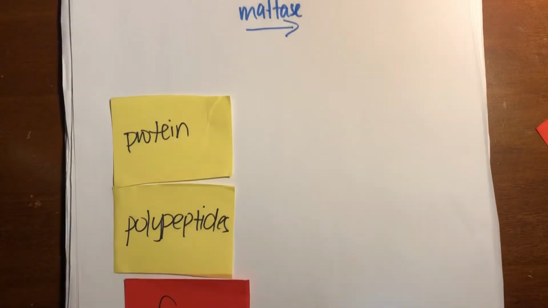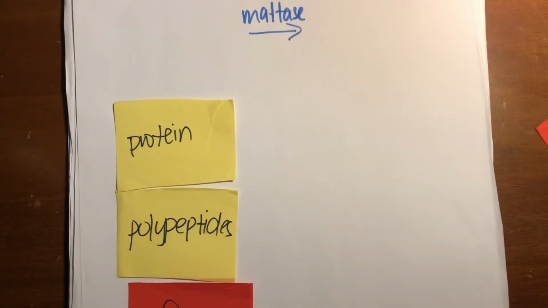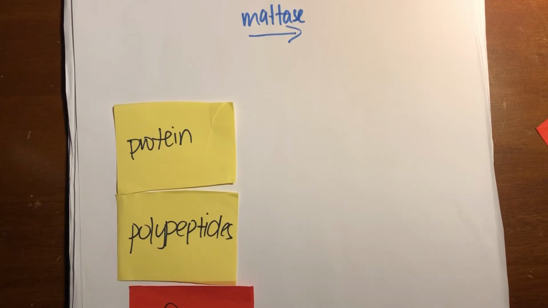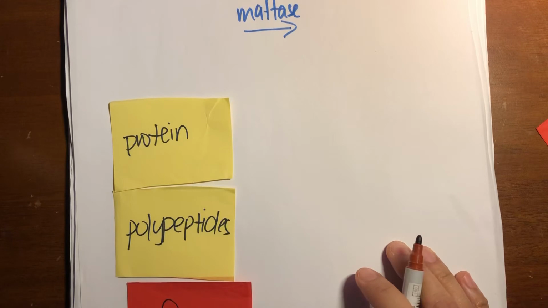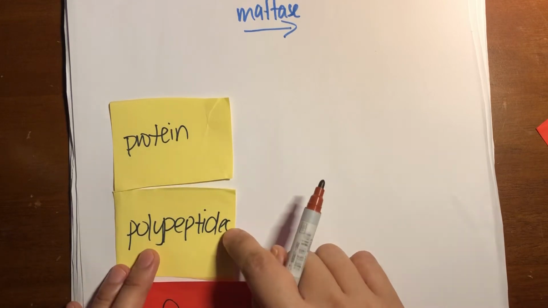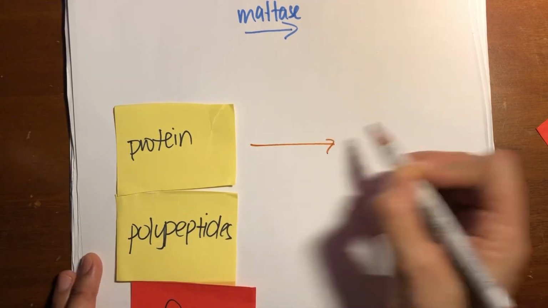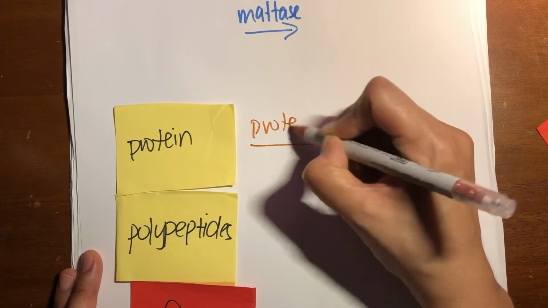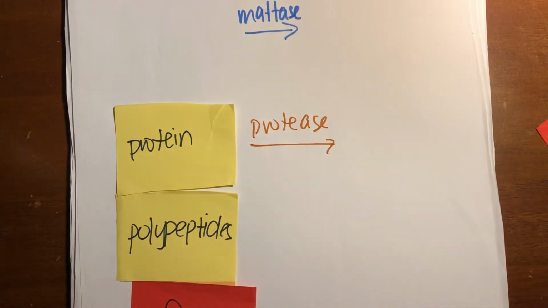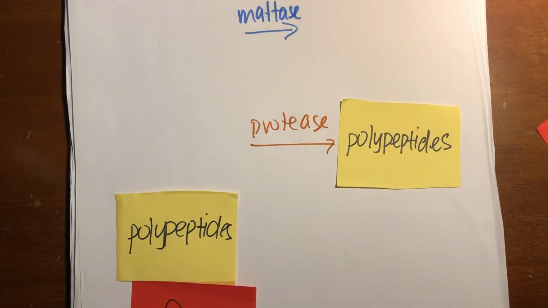Let's talk about proteins. Now, the proteins that were digested in your stomach are now polypeptides. Those were not digested as proteins. So the pancreatic and intestinal protease will digest proteins into polypeptides.